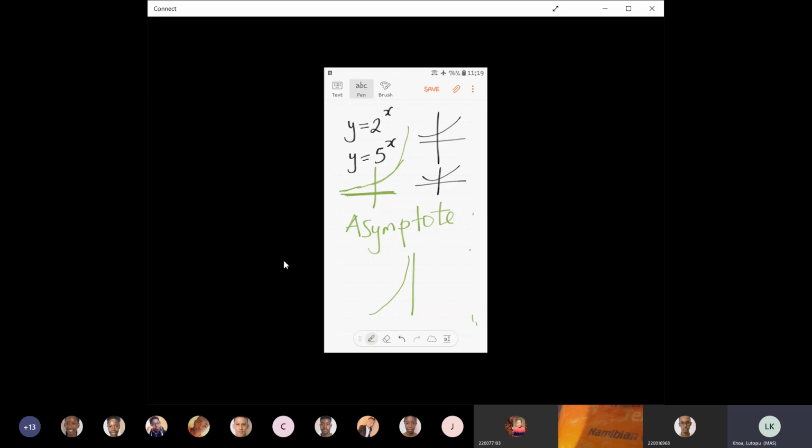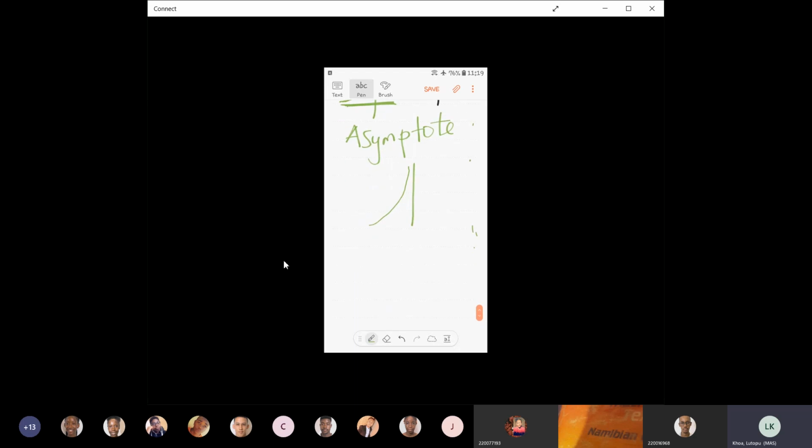Then we look at the other scenario, let me go back to black. We have y is equal to half to the power of x, for example. Like the other guy said, this is just 2 to the power of minus x. So when you get a question like this, you must know that I can rewrite it in this form.